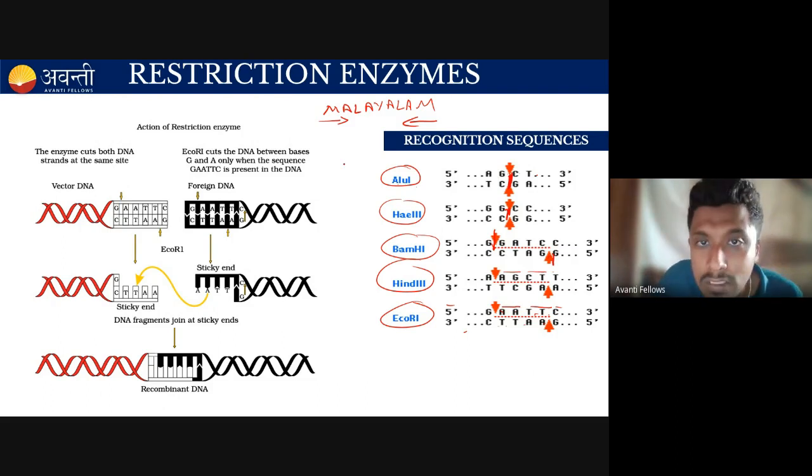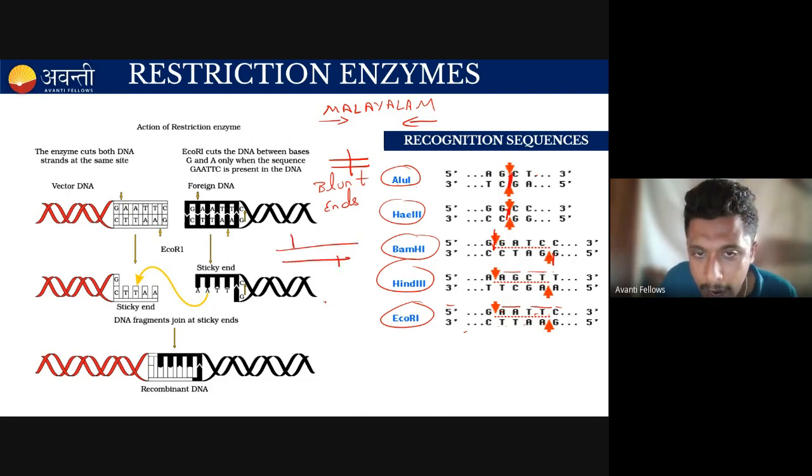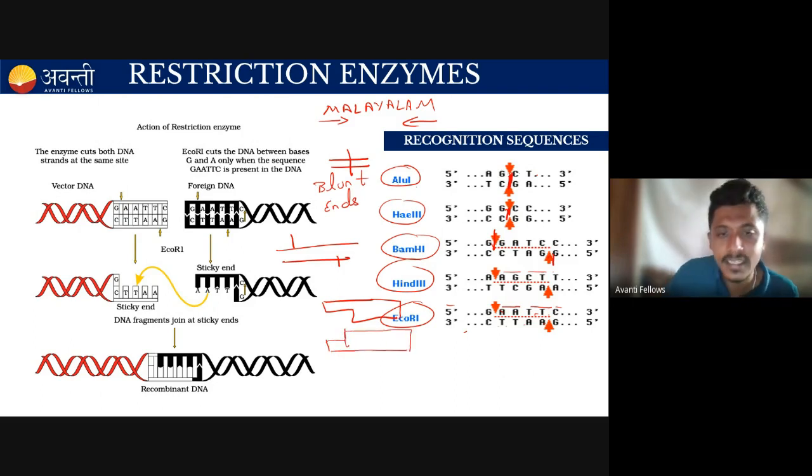Now, if a sequence is like this, and if it is cut at the same point, these are called blunt ends. And if you have a sequence like this, and if it is cut like this, now I would get a sequence something like this. Correct, right? So this is called sticky ends.